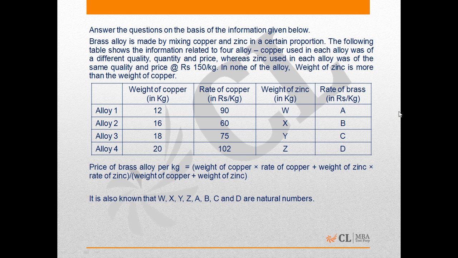Copper used in each alloy was of a different quantity, quality and price, whereas zinc used in each alloy was of the same quantity, same quality and price, that is 150. In none of the alloys is the weight of zinc more than the weight of copper.